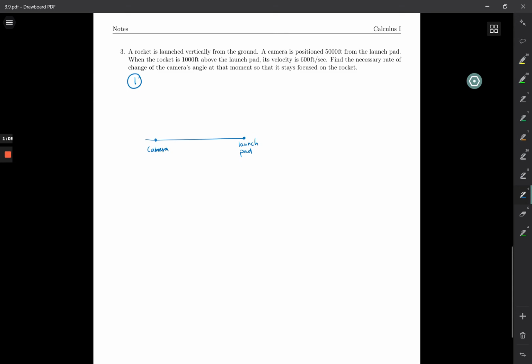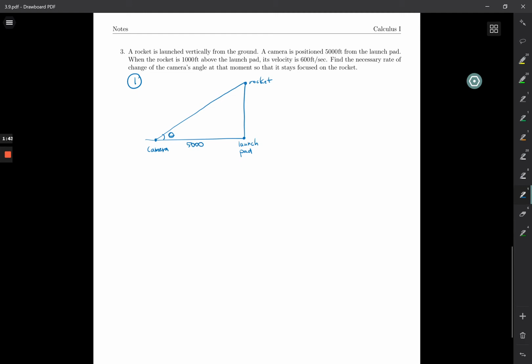So the distance between these is 5,000, and the rocket launches vertically, so it's going to go straight up in this direction, and we want to know what the angle is that the camera has to tilt to be pointed straight at the rocket. So if we imagine the line of sight of the camera straight to the rocket right here, the angle would be the angle between the ground and that line of sight, right?